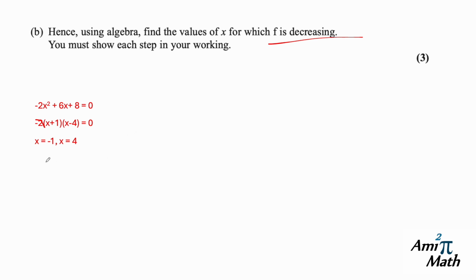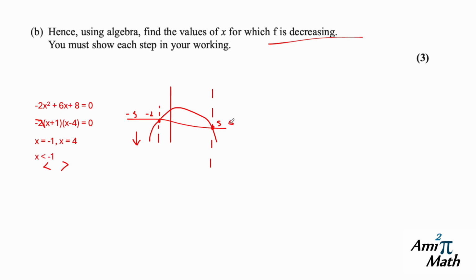To work out what direction each of the greater than, less than values are going in, we simply draw out our function. We know that this is going downwards and it meets at -1 and 4. This is really wonky and not exactly accurate, but using this we can see that the parts where it is decreasing, as in going down, are when x is less than -1, like -2, -3, and when x is greater than 4, like 5, 6.